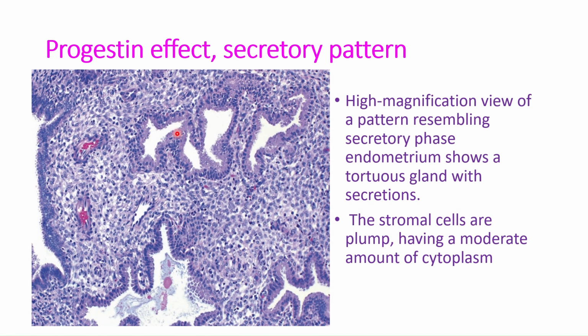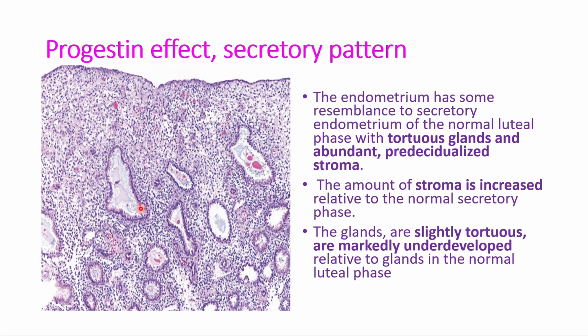Here in high power view, we can appreciate secretory cells and tortuous glands. Stroma shows pre-decidualization, with a moderate amount of cytoplasm and oval nucleus, with some dilated and ectatic vessels.